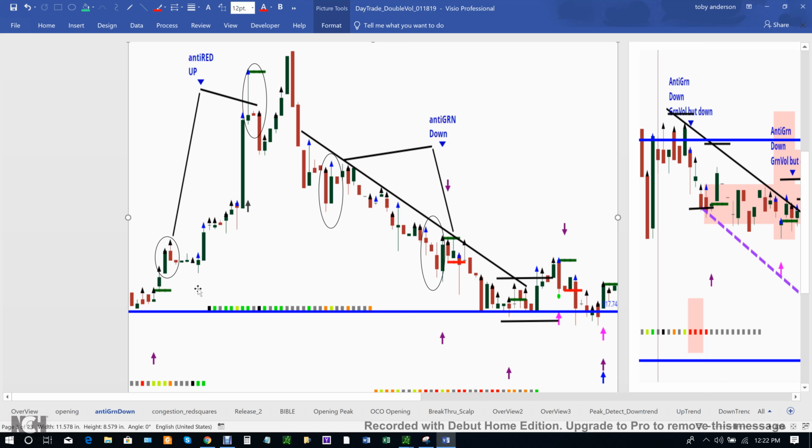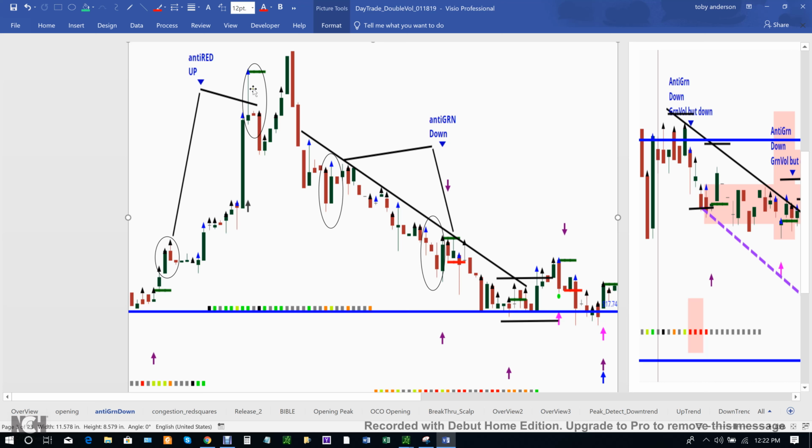So this is what I call a fake peak. I also called it anti-red up. This red kind of indicates it's going to go down, but because the bars that follow aren't going down, that gives you more powerful ammunition to say, hey, I think it's going to start going back up again. Got it?